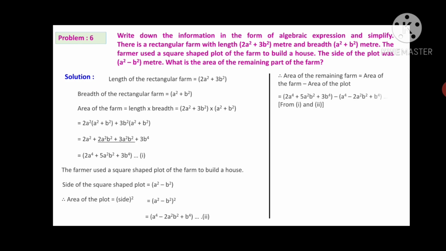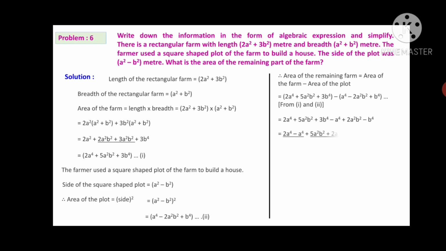Therefore, area of the farm, from equation 1, is 2a fourth plus 5a square b square plus 3b fourth, minus the area of the plot given in the second, that is a fourth minus 2a square b square plus b fourth. So 2a fourth plus 5a square b square plus 3b fourth minus a fourth plus 2a square b square minus b fourth.